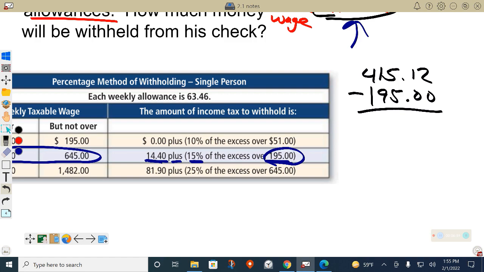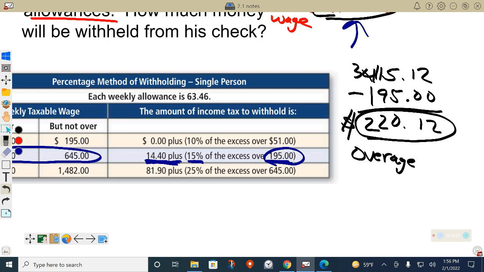That's what's staying right here. Notice that: 14.40 plus 15%. So let's find out. I got 220.12. This is an overage. I'm going to write overage. He's over 195 by $220.12.